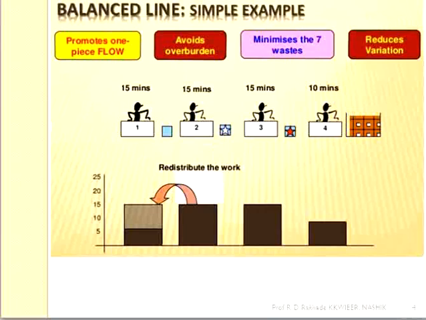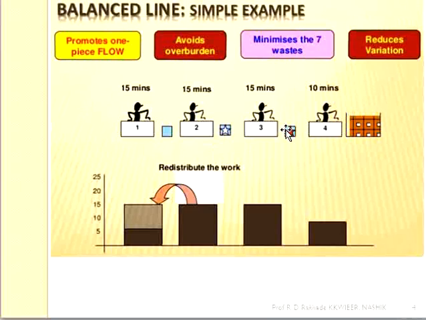Suppose we have four activities to produce a single component, activity 1, 2, 3, 4, and the required times are 15, 15, 15 and 10 minutes. If you consider the maximum time of any event, that is 15 minutes, it means after every 15 minutes a component will be produced. So for this problem our bottleneck time or cycle time is 15 minutes.